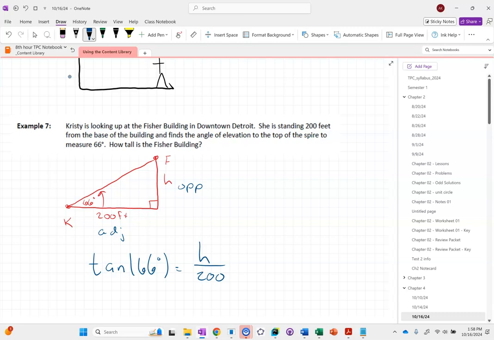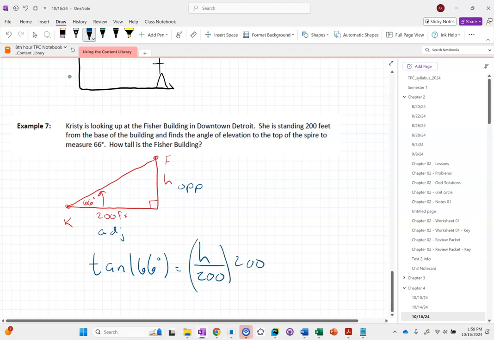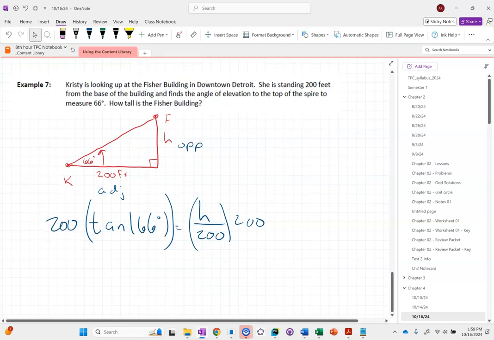To solve for H, all I need to do is multiply both sides by 200. And I'm donezos.